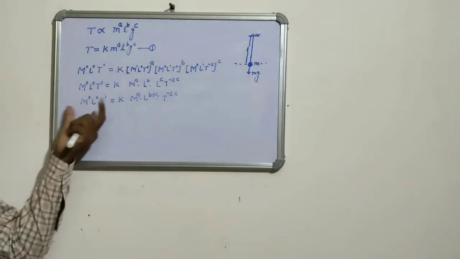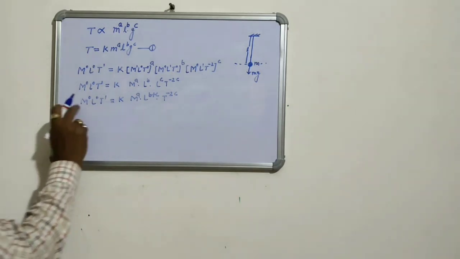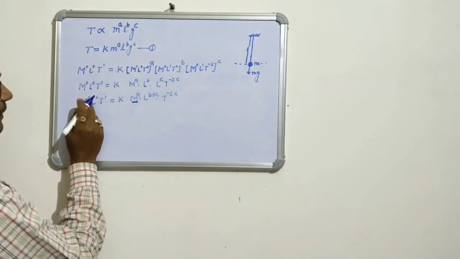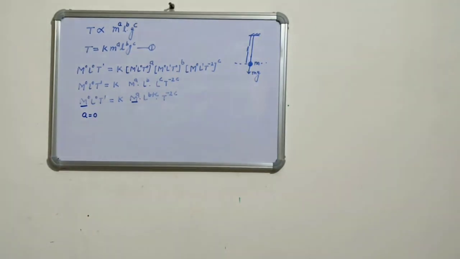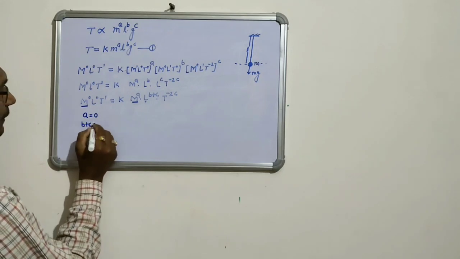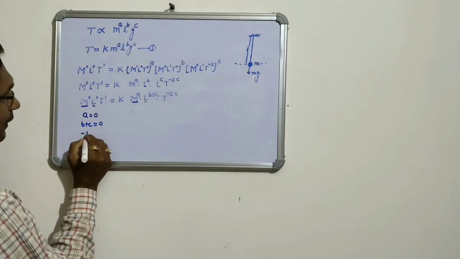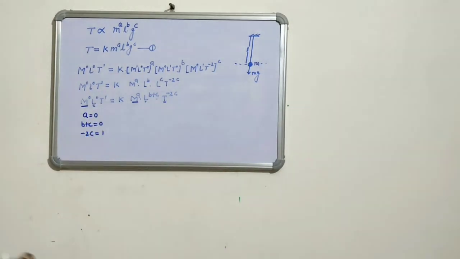Now, there is an equal to sign. That's why we can say if bases are equal, then their powers are also equal. Now we compare these terms, M and M. Here the power is 0 and here the power is 0, so a equals 0. And here L to the power b plus c, so b plus c equals the power of L, which is 0. And here, the power of T is minus 2c, and here it equals 1.